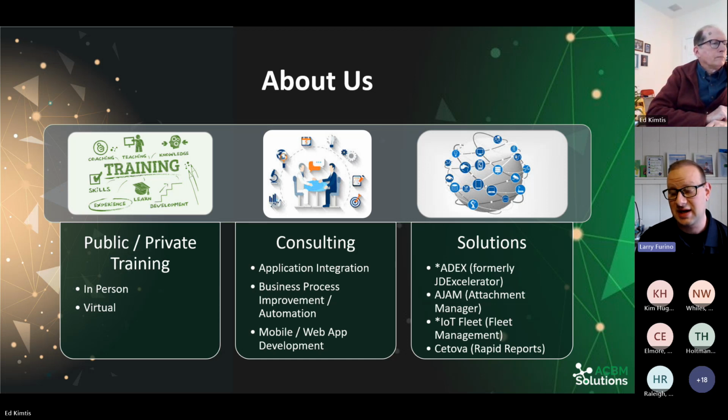Then IoT Fleet, which is actually how our company got started. We started by building out a fleet management solution for JD Edwards integrated with Orchestrator. So it's a way of tracking mobile assets, vehicle and equipment data, and turning that into users of JDE. And then lastly, we have Satova. So Satova was a reporting tool that was originally created by the former company that Ed and I worked at, which was GL Associates.